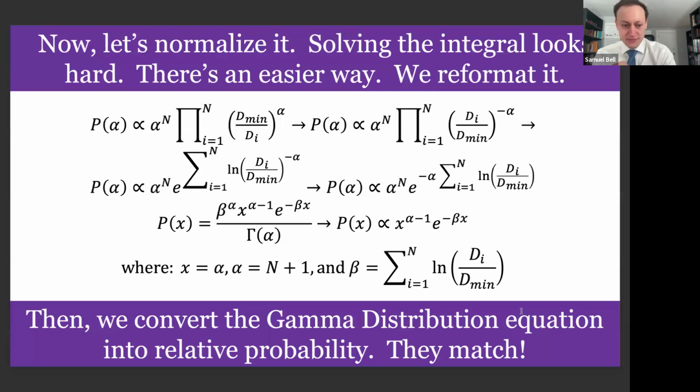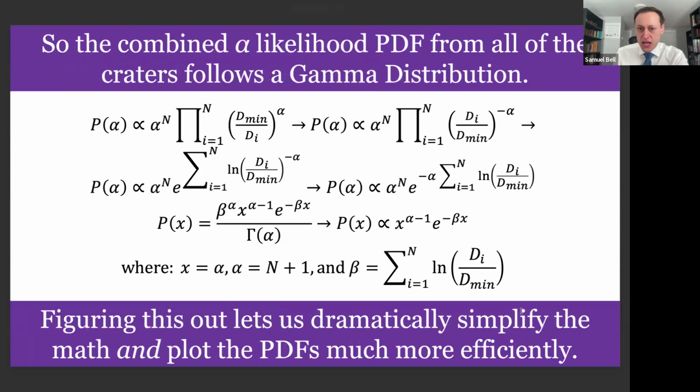We reformat it. And then, remember that gamma distribution equation? We convert that equation into relative probability. And we notice that they actually match. So the combined alpha likelihood PDF from all of the craters follows a gamma distribution, just like lambda and age.